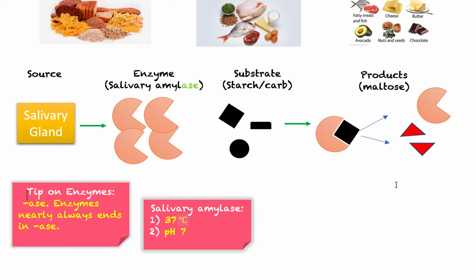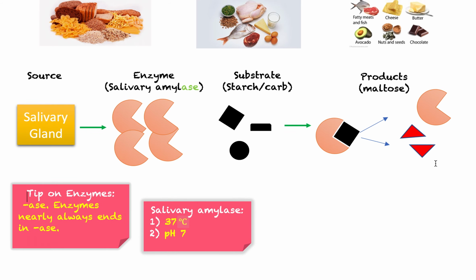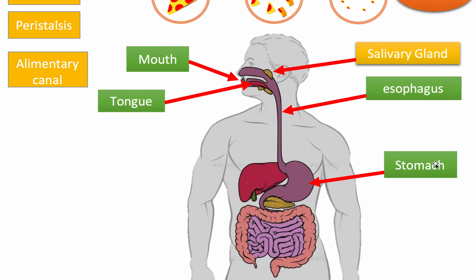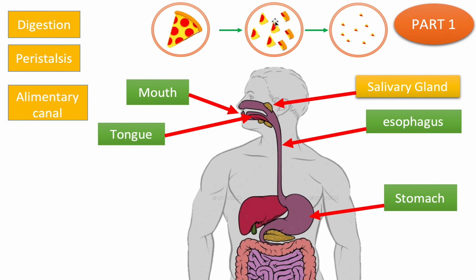So to be honest, that's all that happens in your mouth. Just know that in your mouth, the food that you put in will be broken down into smaller pieces by your teeth. And when they get too small to be broken down by your teeth, those things will be broken down by your salivary gland, releasing saliva.